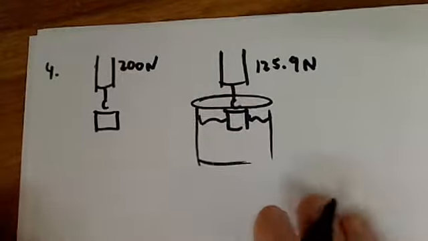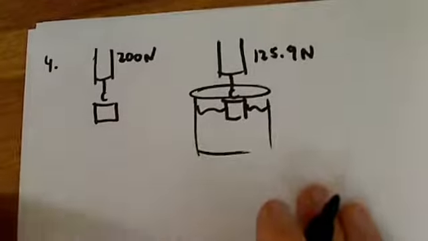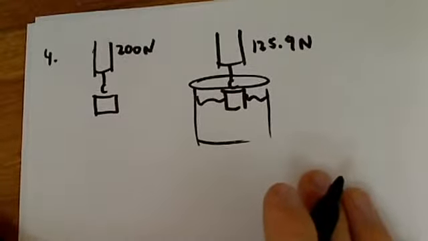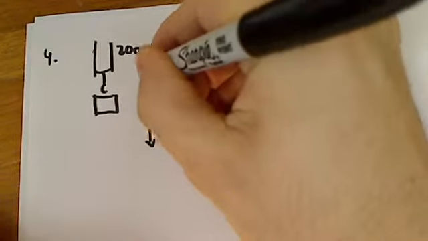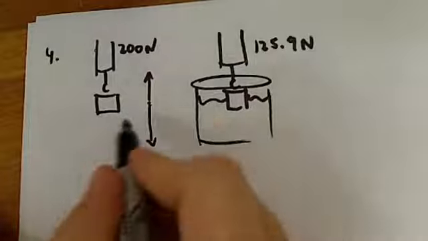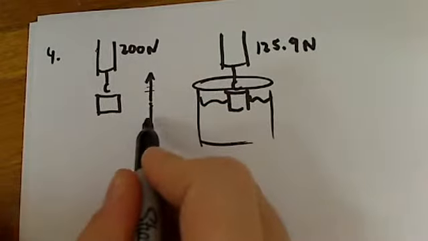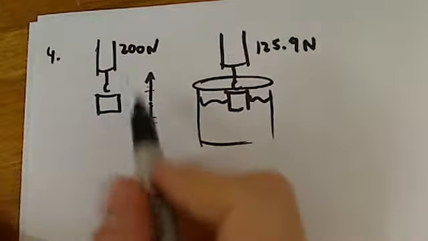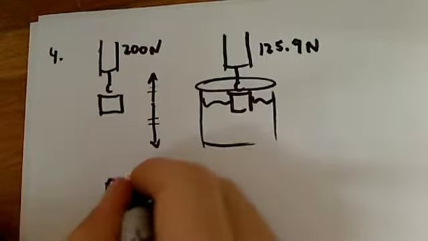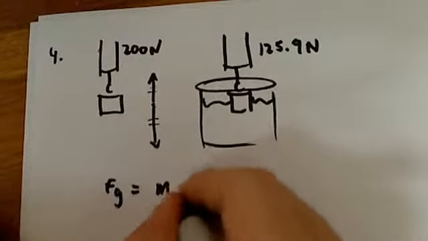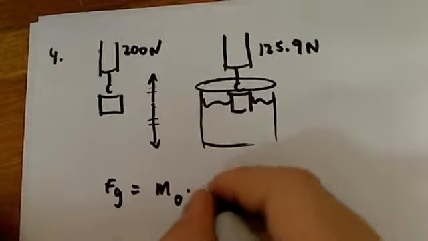So we want to know, what material is this object? Let's start with writing an expression for the force of gravity on this object. Well, the force of tension, 200 newtons, must balance the force of gravity. It's not moving. So we can say force of gravity is mass of the object times gravity.